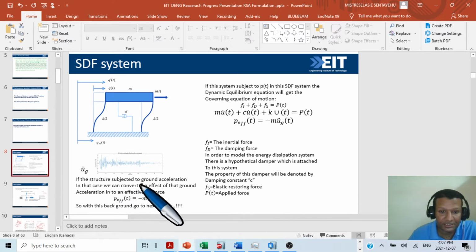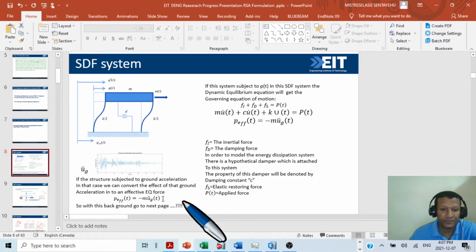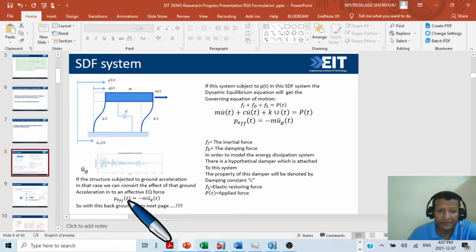If the structure is subject to ground acceleration, we can convert the effect of that ground acceleration into an effective earthquake force, ELF. That's why we call this ELF, because we can change this ground acceleration into a static force. So P effective is equal to m times u dot g. So if we have u dot g times m, it will give us the force.